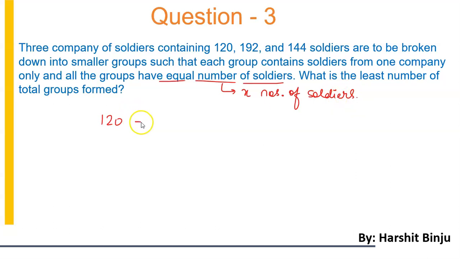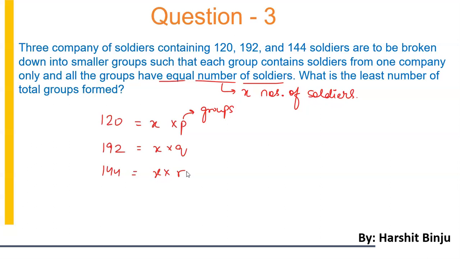So I can say that 120 will be equal to X into P, where P represents the number of groups from 120. 192 will be equal to X into Q, and 144 should also be equal to X into R, where Q and R represent the number of groups formed out of 192 and 144 soldiers.